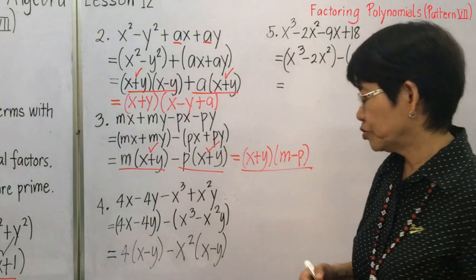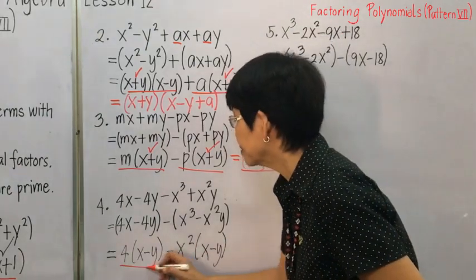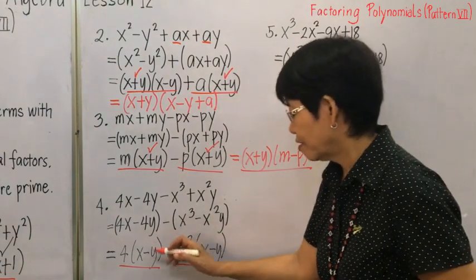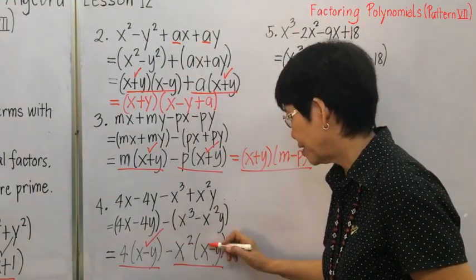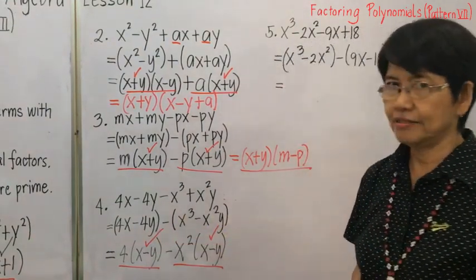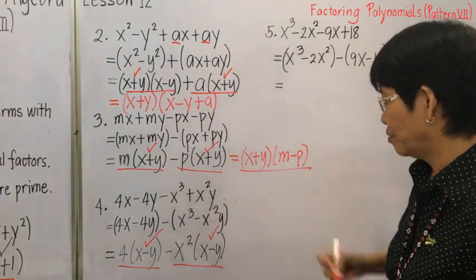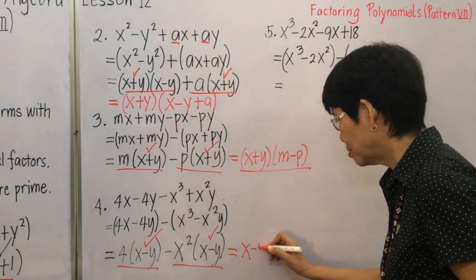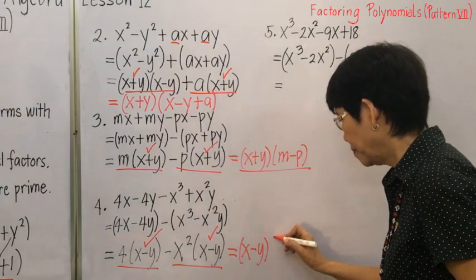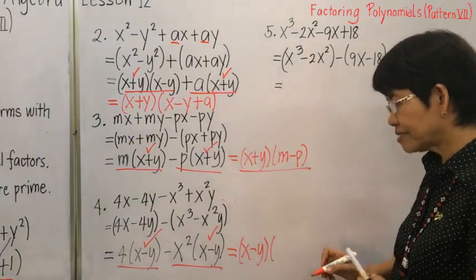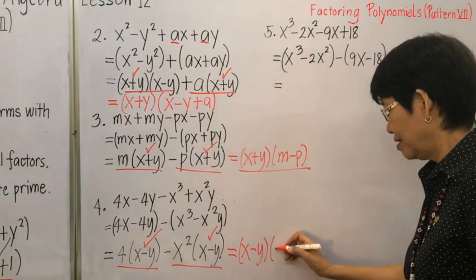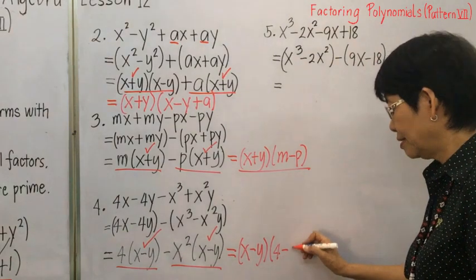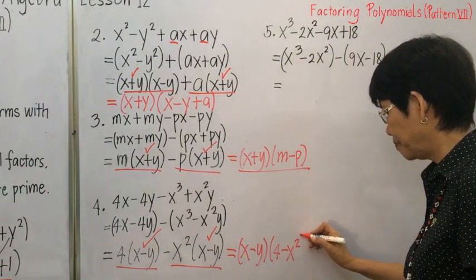Again, there are two terms, the first term and the second term, and the common binomial factor is x minus y. So we will just factor out x minus y, and whatever is left is the next factor. So 4 minus x squared.